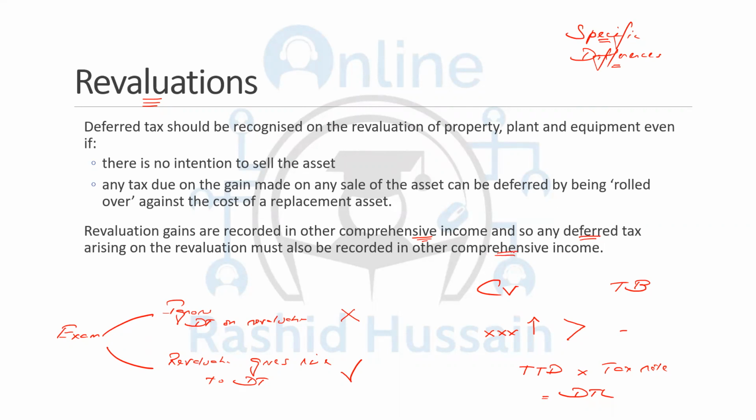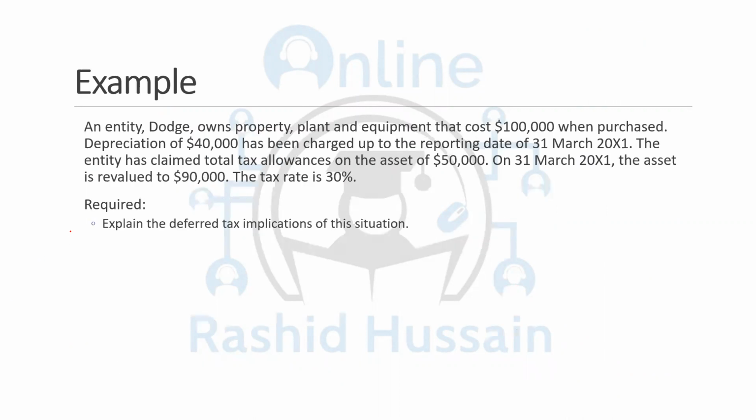This is the simplest principle. The gain on the revaluation is recorded in the other comprehensive income. So does its deferred tax consequence. We have an example, and through example, we can easily understand the treatment of the revaluation against the deferred tax.